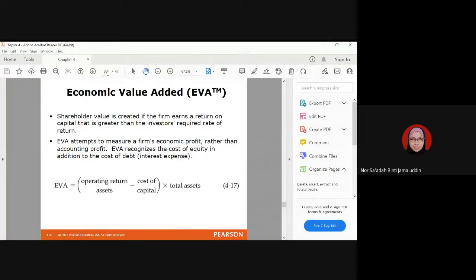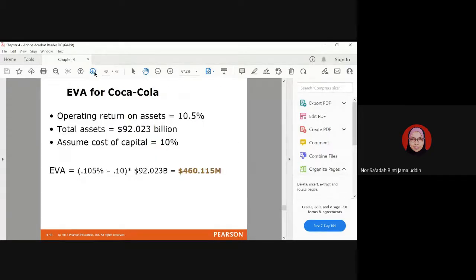Okay, you must follow these formulas and then calculate like this and get the answer. So this will involve the operating return on asset and total asset, also the assumed cost of capital.